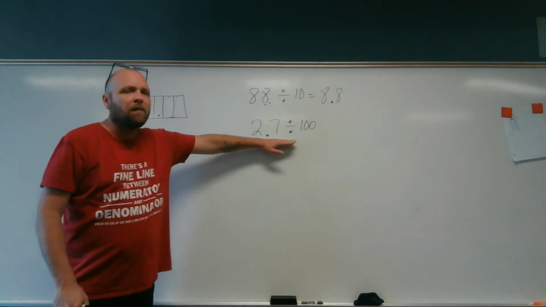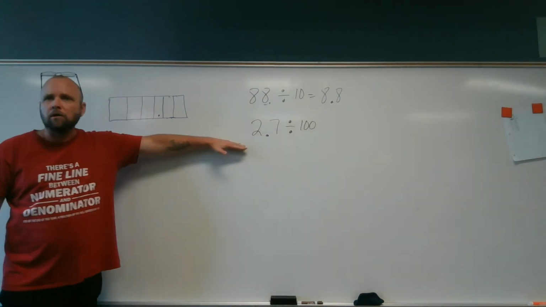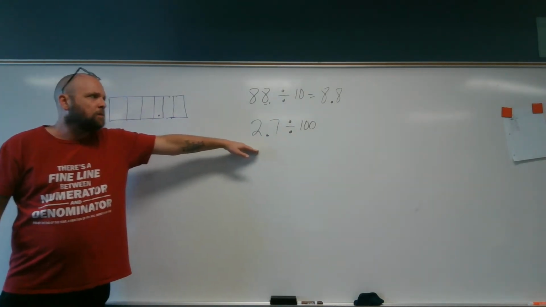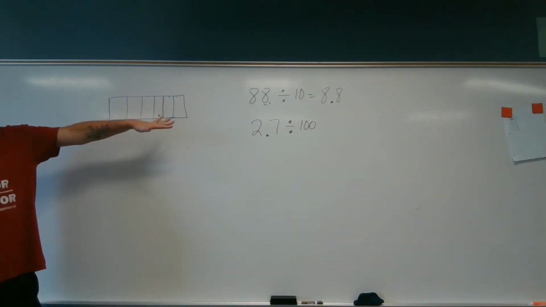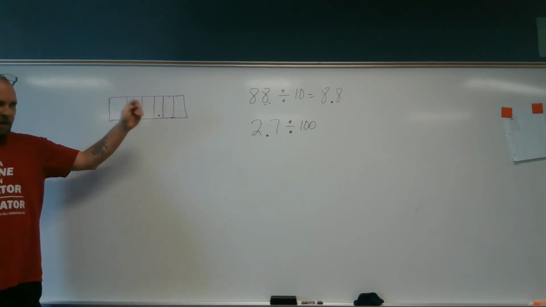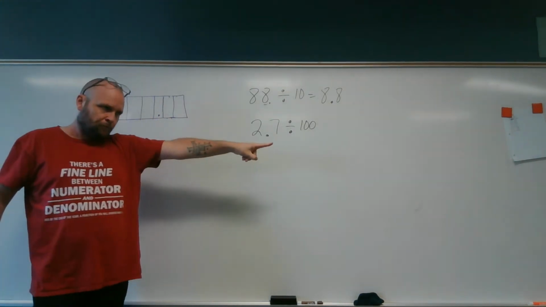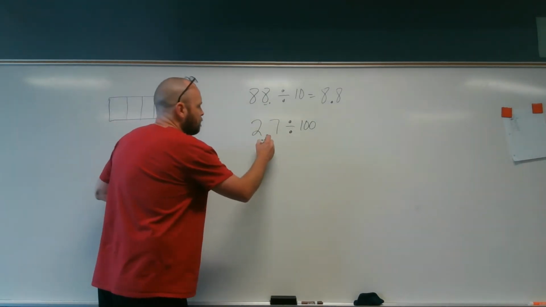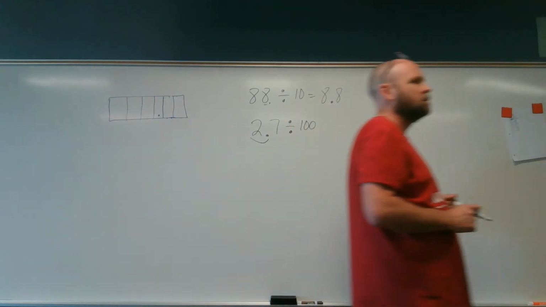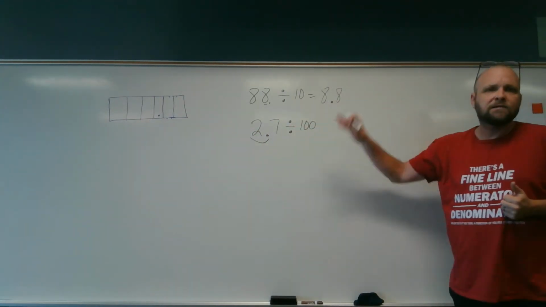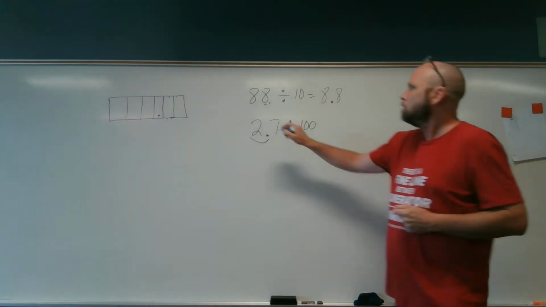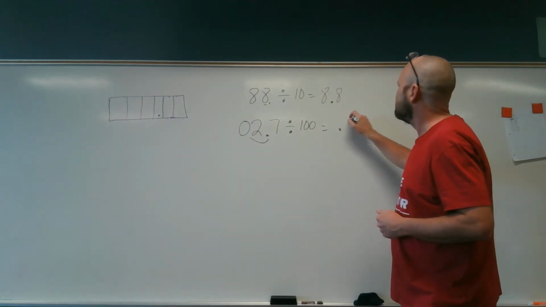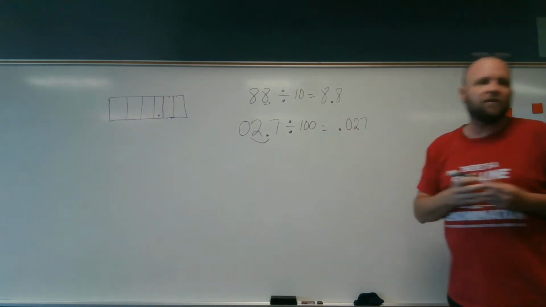Since we're dividing by 100, I need to make my number smaller, which means I move my decimal point which direction, Kendall? Left. How many times, Kendall? 2 times. So if I move it here, that's just once. I got to have something else to move it in front of. So if I move it here, my answer is going to be 0.027.